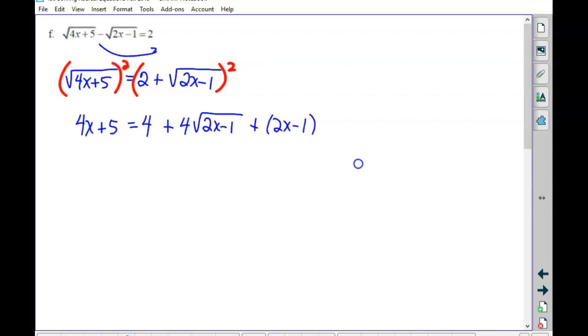Now when you look at it, there's still a radical term. So get everything else on the other side. So when I bring the 2x over, that's going to be 2x. When I bring the 4 and the minus 1, that's really 4 minus 1 is 3. Bringing it over will be worth 2.